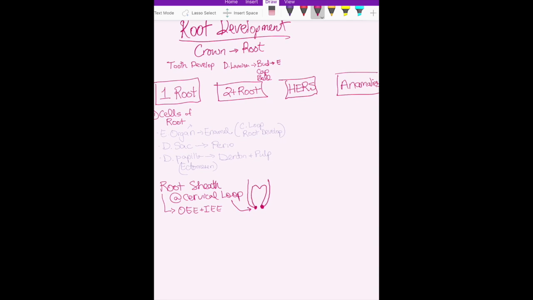At this point, you have cervical loop proliferation, or connective tissue proliferation, and that will cause the root to grow. But that only happens after the crown is complete. So the crown has to be done first before we can start forming the root.